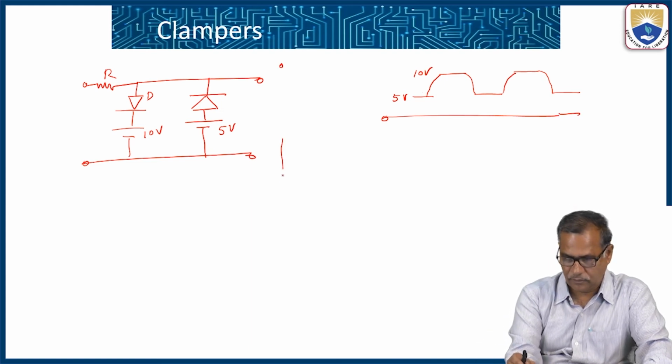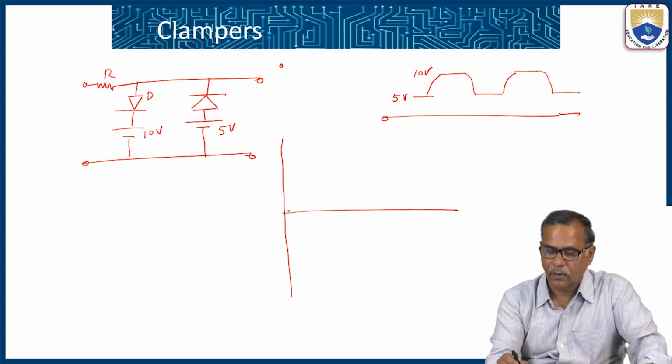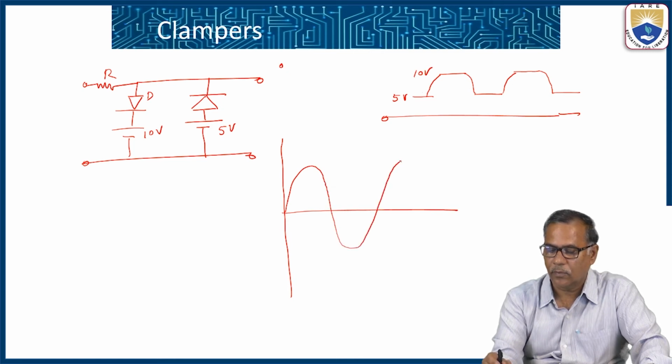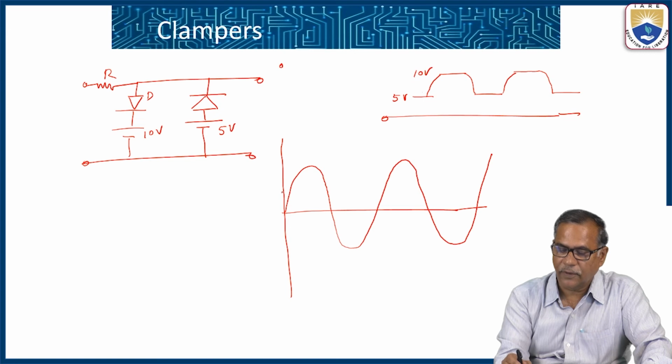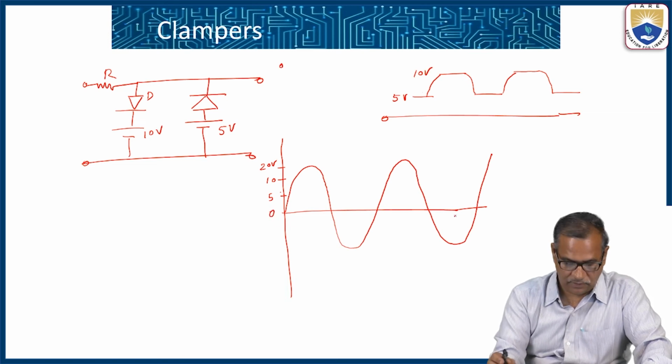This is the input signal. And let us say this is 5 volts, and this is 10, and this is, let us say, 20 volts, and this is 0 volts.